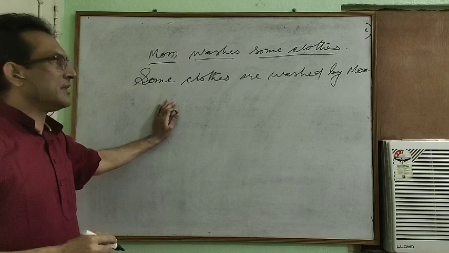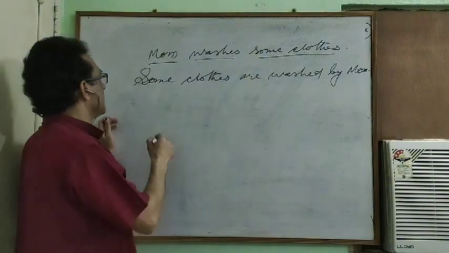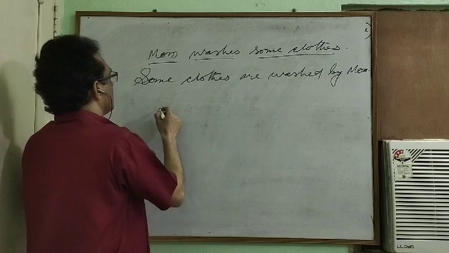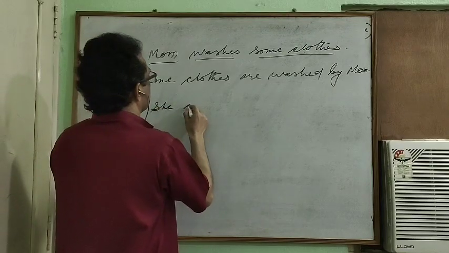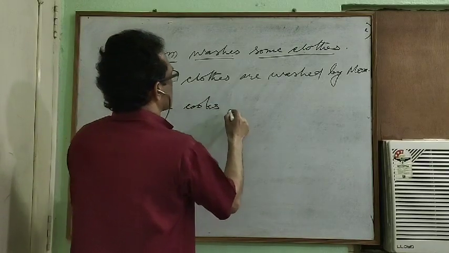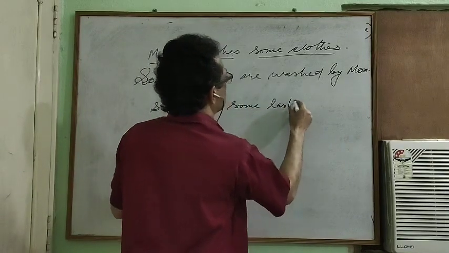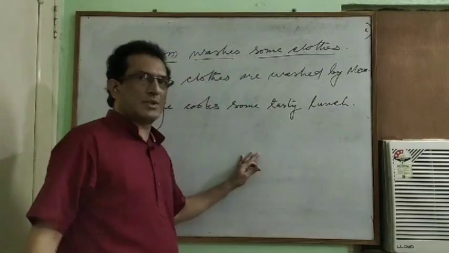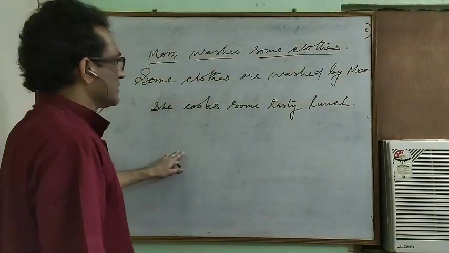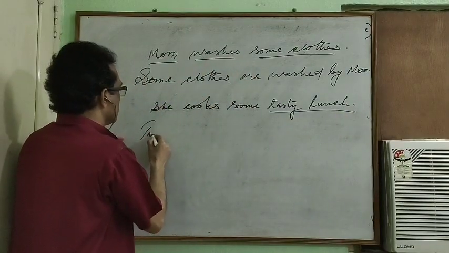Now if it is a singular one, like she cooks some tasty lunch. She cooks some tasty lunch. So here the receiver is actually tasty lunch. That is singular.